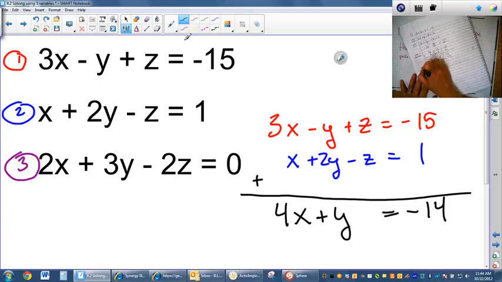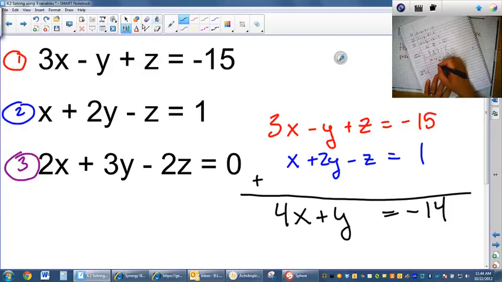Vivian, which 2 equations do you want to use? We got to get rid of z. Sure, that was good. Let's use 1 and 3. We can see we have a positive z and a negative z.